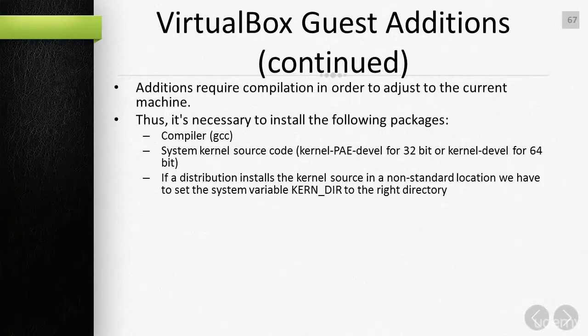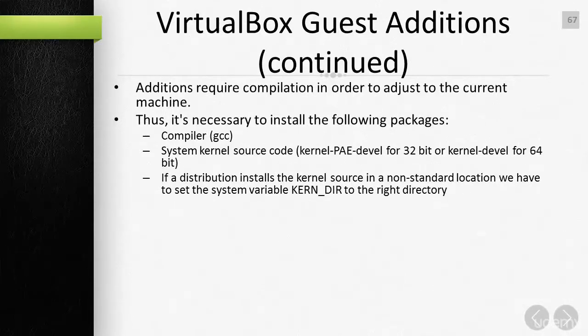In the case of a 32-bit system, it's probably the kernel-PAE-devel package. It's available in our version of the system, that is Fedora 17. If you're using a 64-bit system, look for the kernel-devel package.